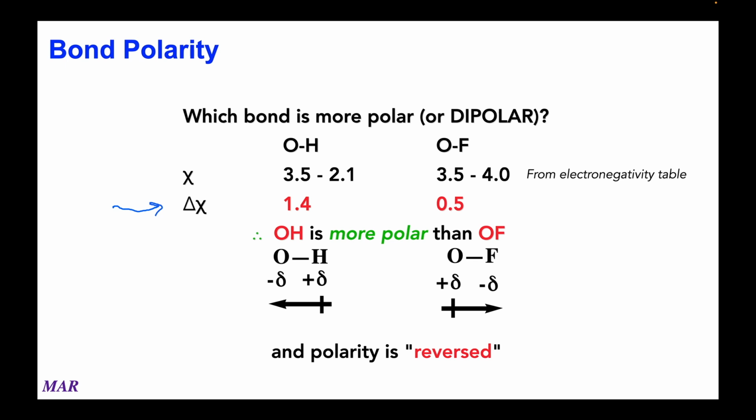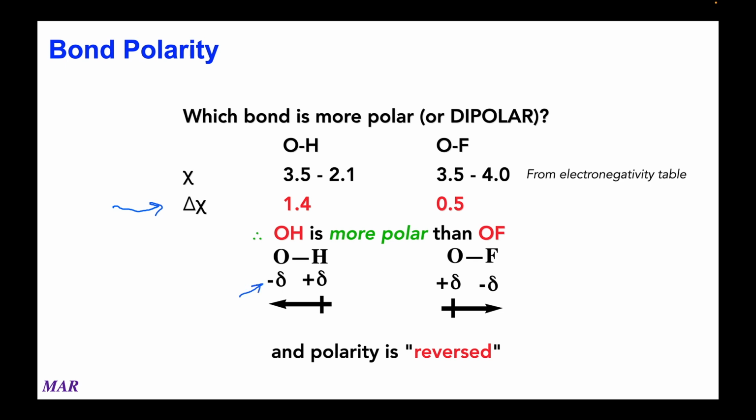And in this context, what that means is hydrogen's going to be definitely more of a positive side, and oxygen will be more of a negative side. You'll see a positive negative on OH a lot more than you would on OF, because OF doesn't have as big of a difference of electronegativity. But the other interesting thing about this comparison is oxygen has a bigger electronegativity than hydrogen. So that means that oxygen's going to be negative when it's compared with hydrogen.